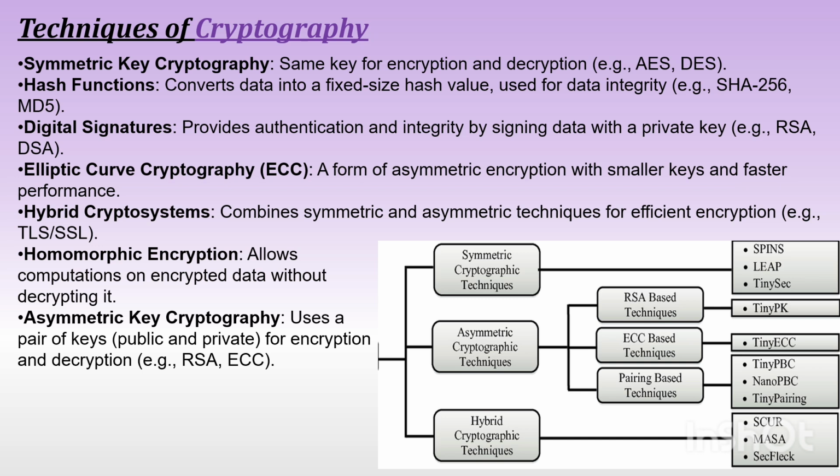TinyPBC, NanoPBC and TinyPairing are examples of pairing based techniques. SPINS, LEAP and TinySec are examples of symmetric cryptographic techniques. SCUR, MASA and CFleek are examples of hybrid cryptographic techniques.